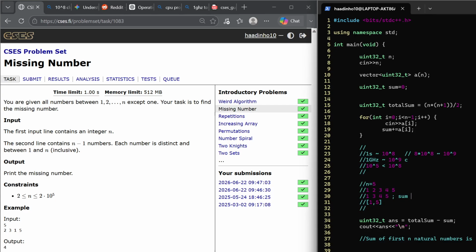If I add these, the sum is going to be 13. Using the formula n into n plus 1 by 2, it's 5 into 5 plus 1, which is 6, which is 30 by 2, which is equal to 15. Now 15 minus 13 is equal to 2. So 2 was the missing number.